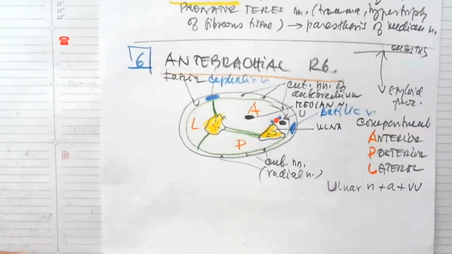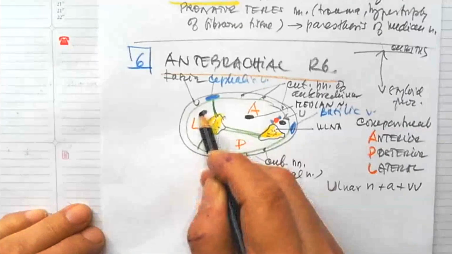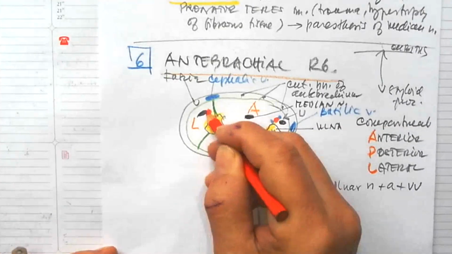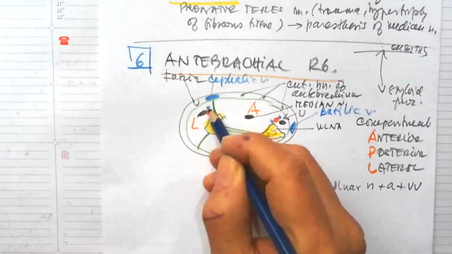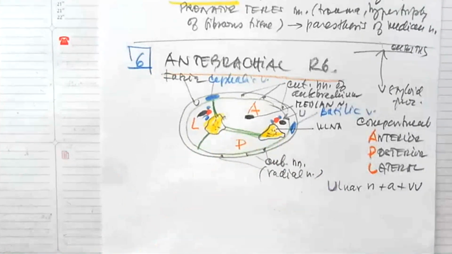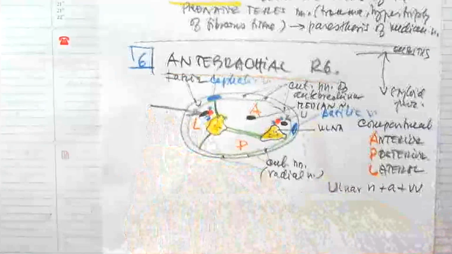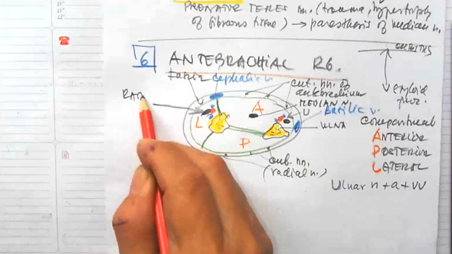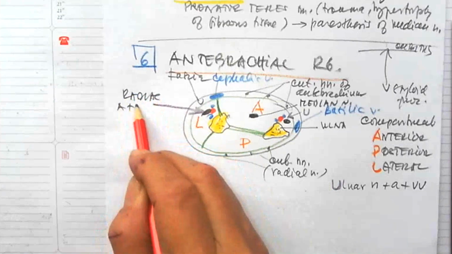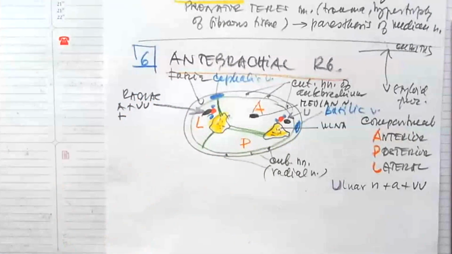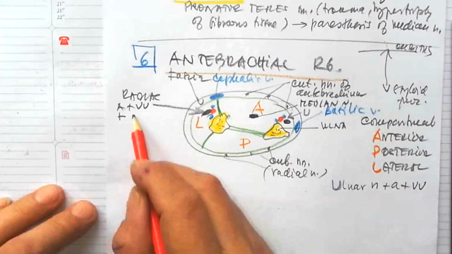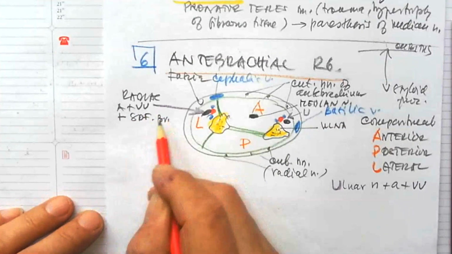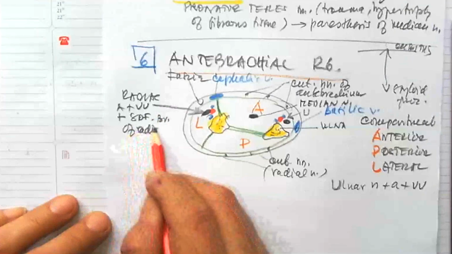On the lateral side, we have the radial nerve, but also the radial artery and 2 radial veins. This is very clear, so we just add that this is the radial artery plus veins plus the superficial branch of the radial nerve.